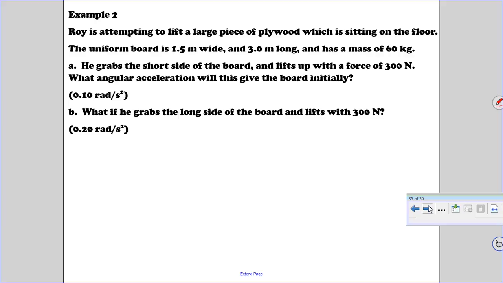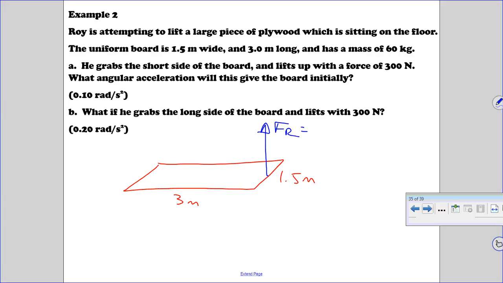Okay, all right, so let's do this. Let's make ourselves a drawing. Here's the plywood sitting on the floor. I know that this side here is 3 meters long. I know that this side here is 1.5 meters long. Roy's going to grab this side and lift up. So let's draw in our force of Roy, 300 newtons.